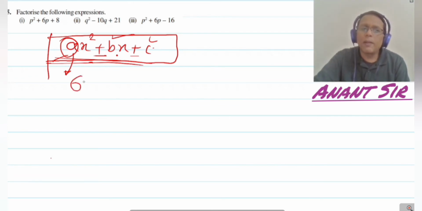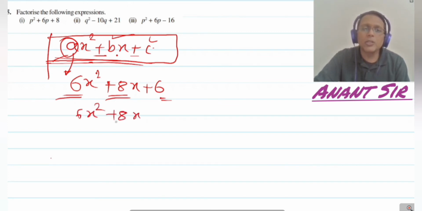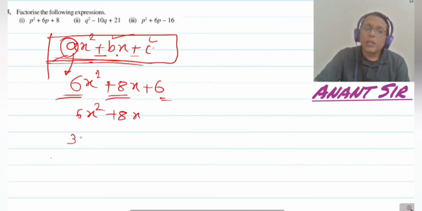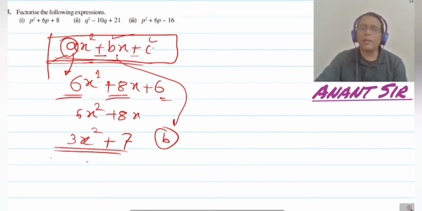For example, 6x square plus 8x plus 6. Here we have all the terms a, b and c. It is possible to have 6x square plus 8x. Here we don't have c, we don't have the constant term. Next, 3x square plus 7. Here we don't have the term b, that is, we don't have the term of x, but still this is a quadratic polynomial, or quadratic binomial, but it's a quadratic.